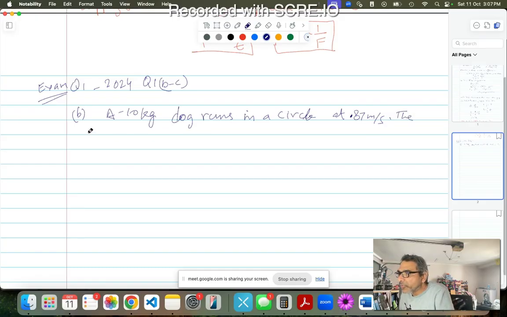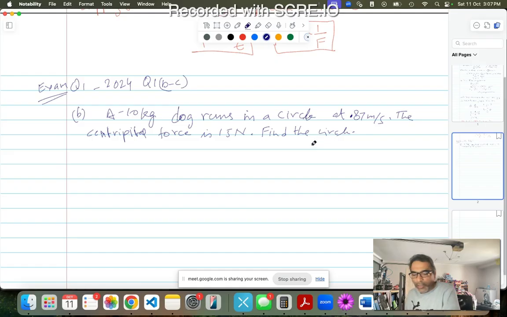The centripetal force is 15 Newton. We need to find the radius of the circle.